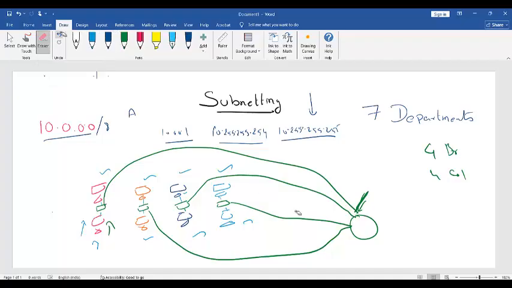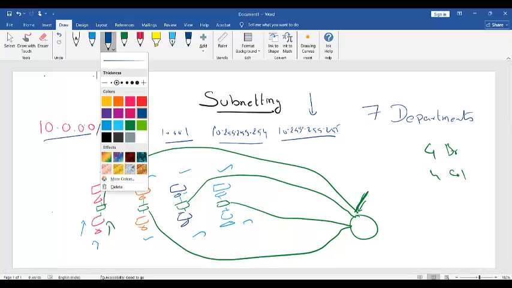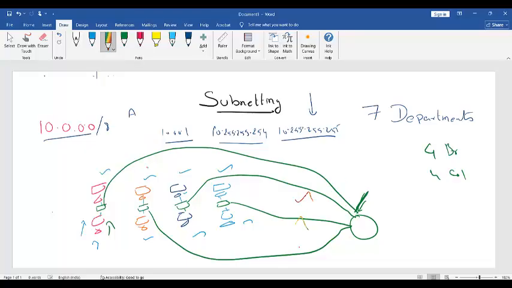So these departments don't unnecessarily suffer processing an unwanted packet. These links never get that broadcast. So the bandwidth of the links and the device CPUs are not wasted processing useless packets.